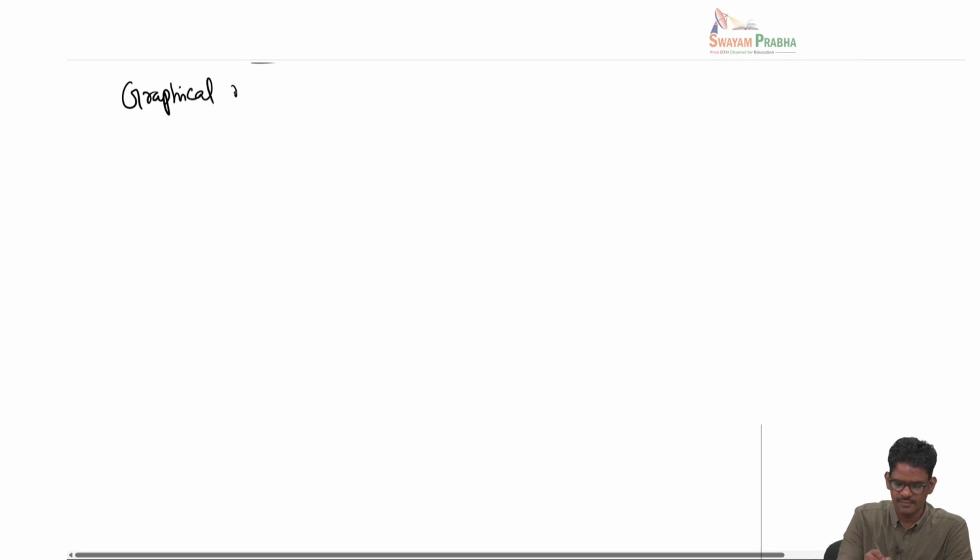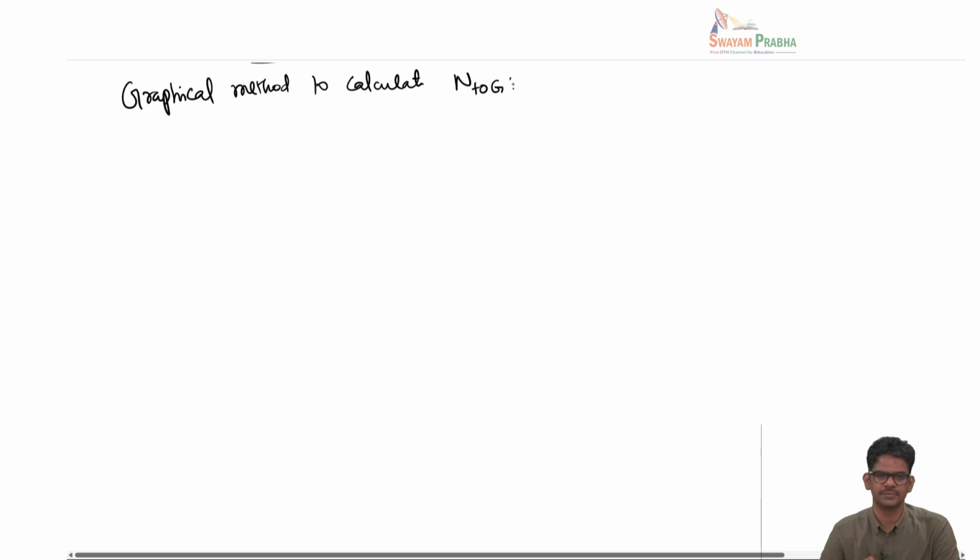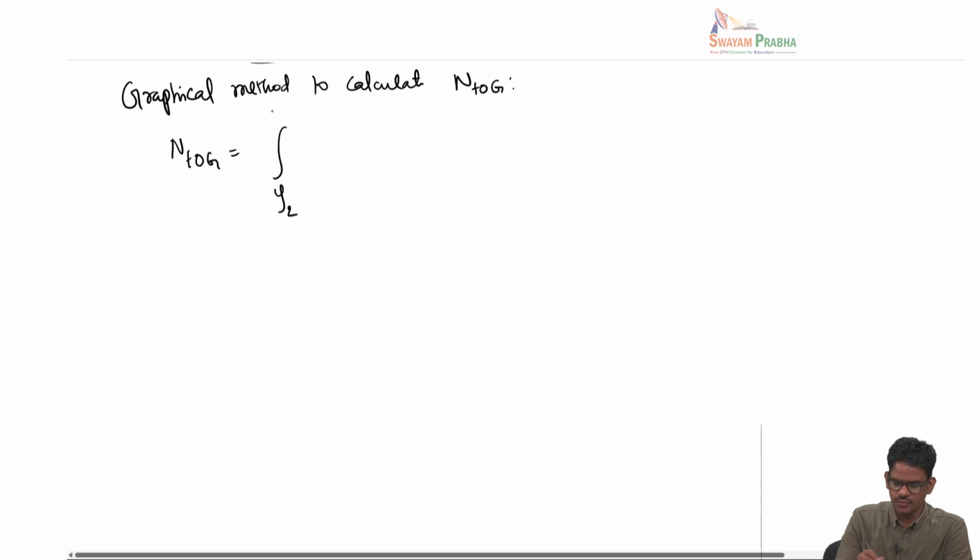So the next topic is to look at the graphical method to calculate, let's say, NTOG. So first of all, how do we define NTOG? This is defined as the integral from Y2 to Y1.